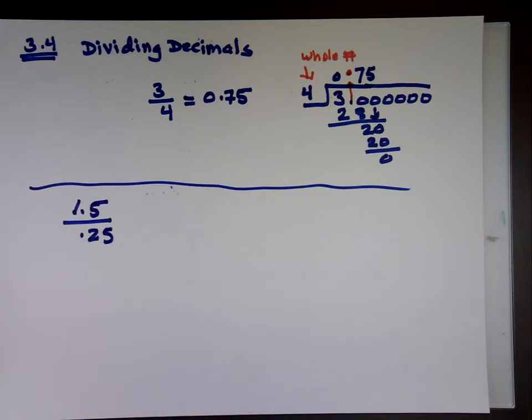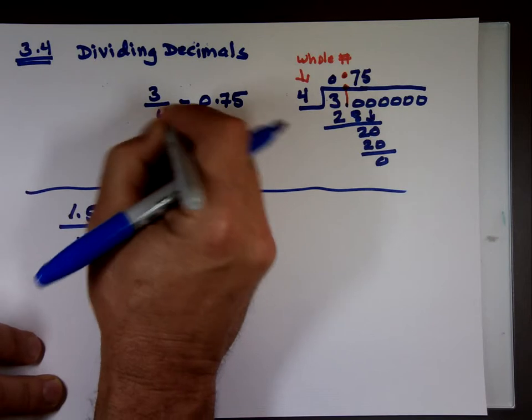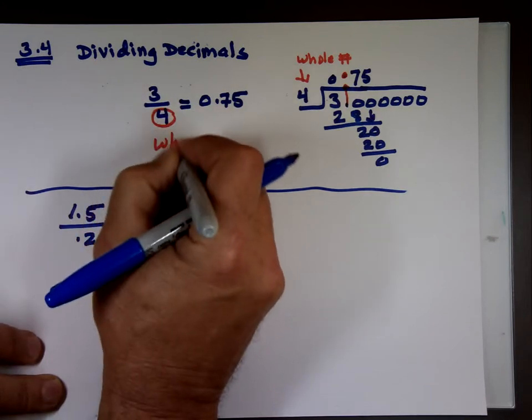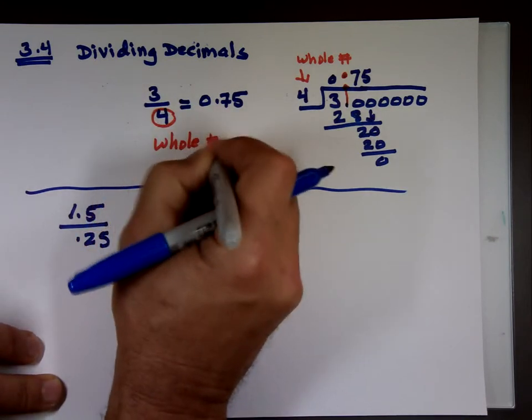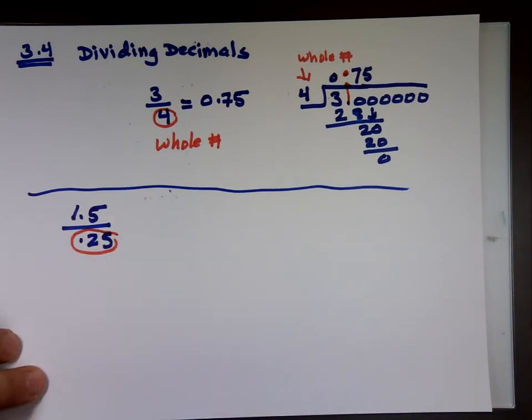Now notice the bottom is not a whole number. See that? We said you need to make sure, because this number is actually your bottom number here. You need that number to be a whole number. Is this a whole number? No. So how do we make that a whole number?